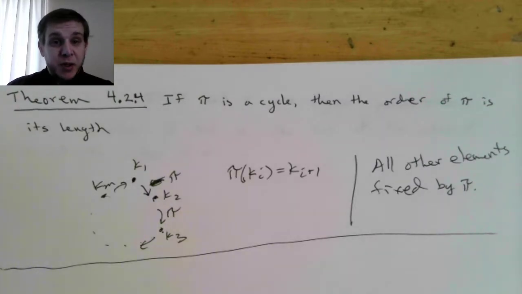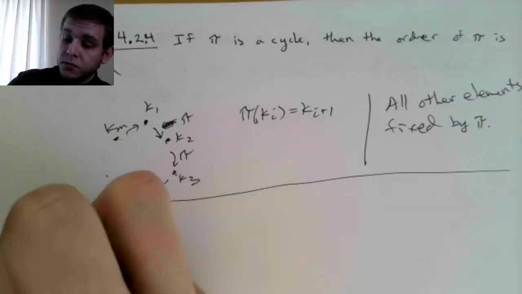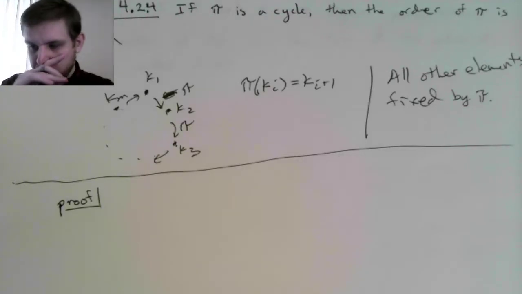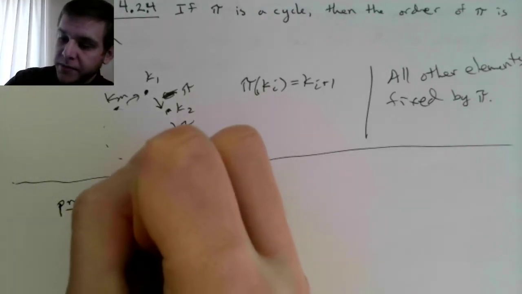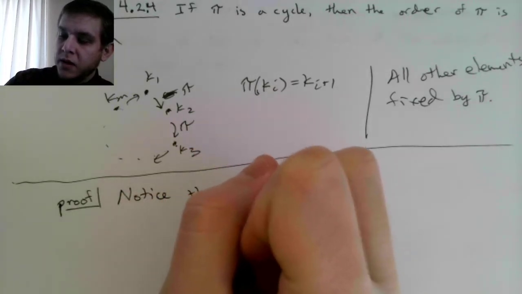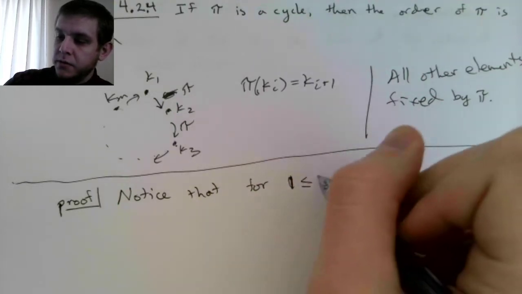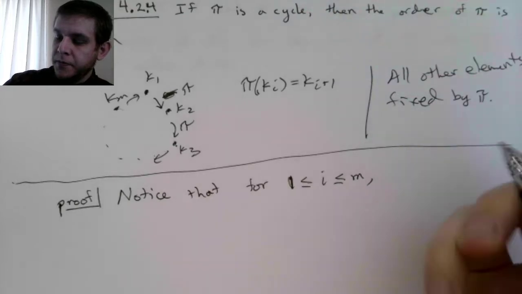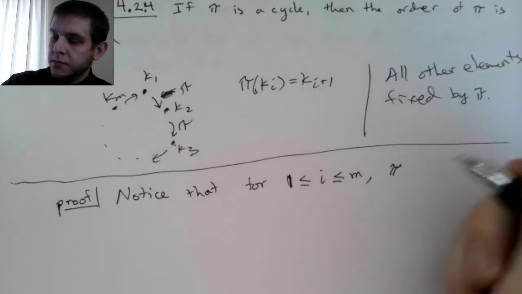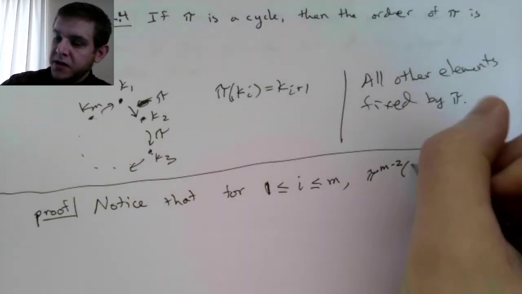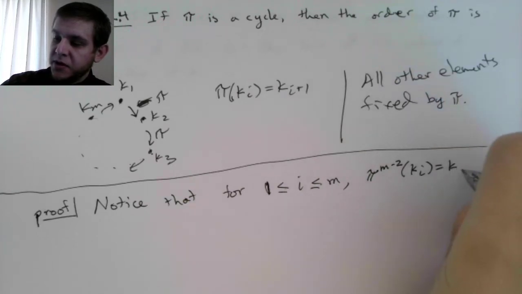So how do we convert this very simple idea into a proof? So notice that for i between 1 and m, pi to the m minus 2 of k sub i is k sub m minus 1, or is k sub m.